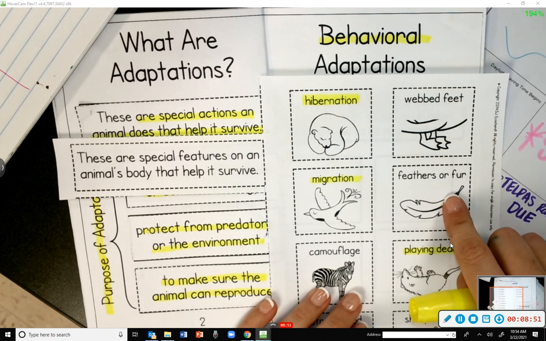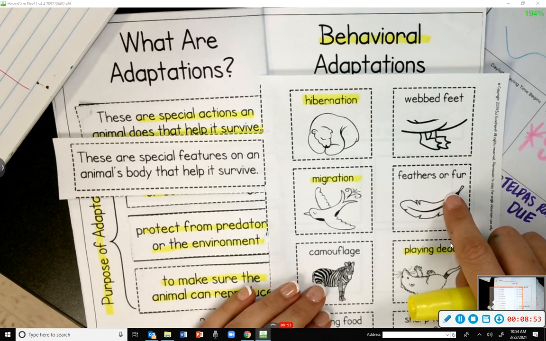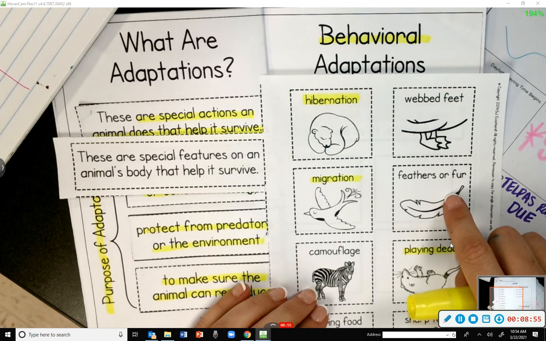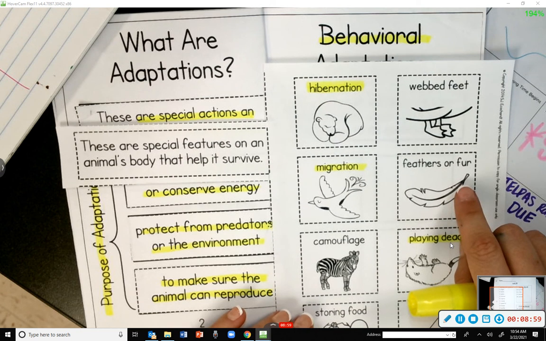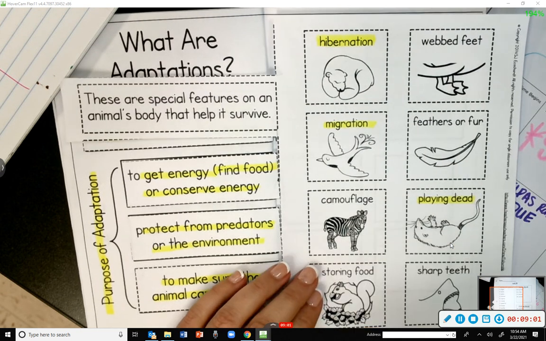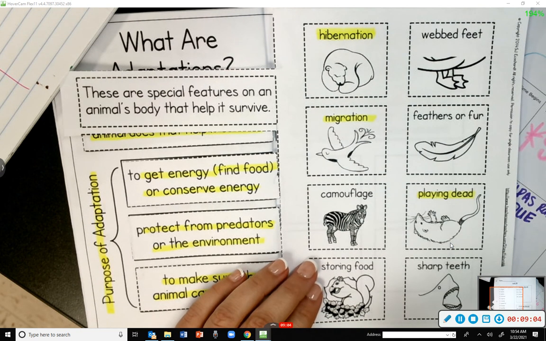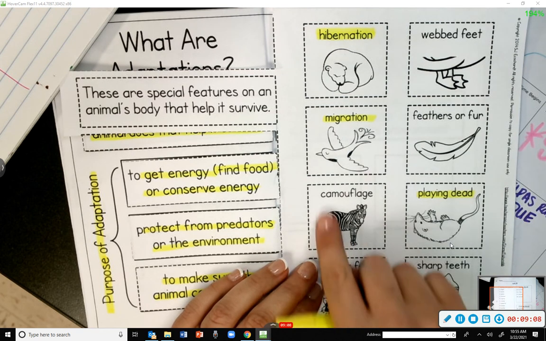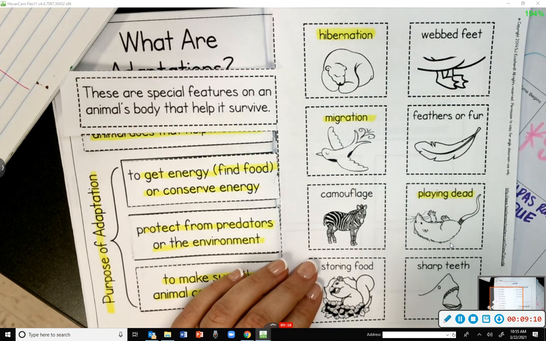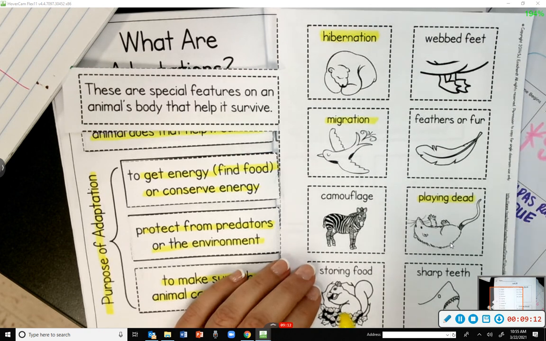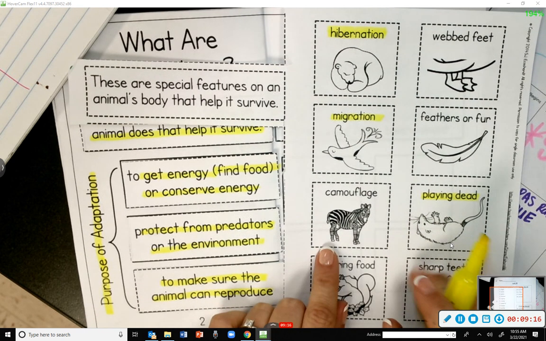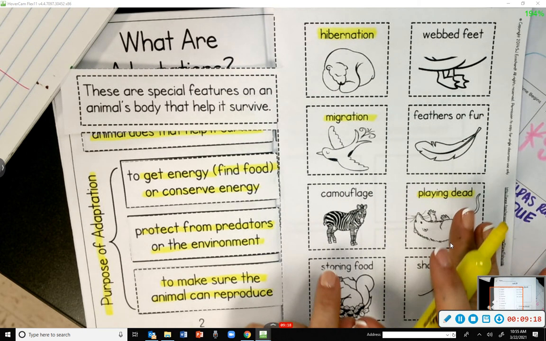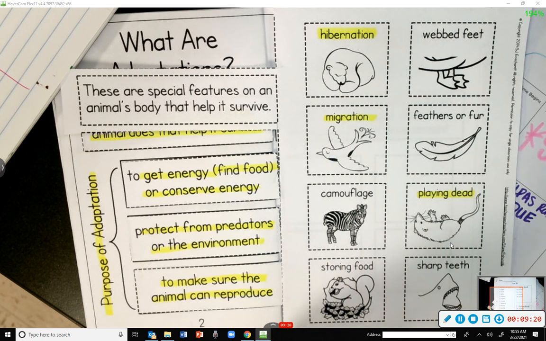Okay? Feathers or fur? Physical or behavioral? Physical, good, because that has to do with the body, the features of the body. Camouflage. You think that's a physical feature or a behavioral adaptation? If an animal has a skin that helps it camouflage, that doesn't change over time. That's already there, right?